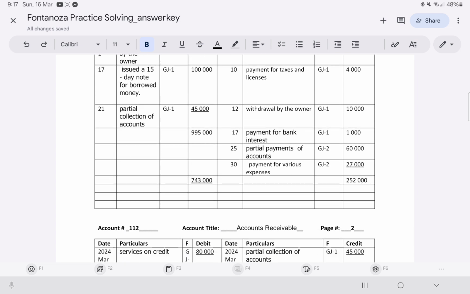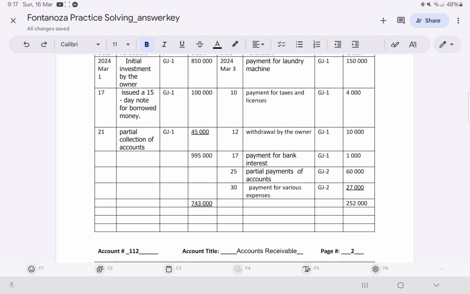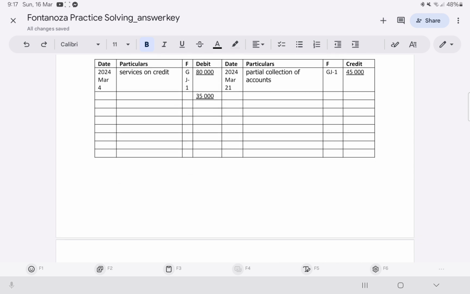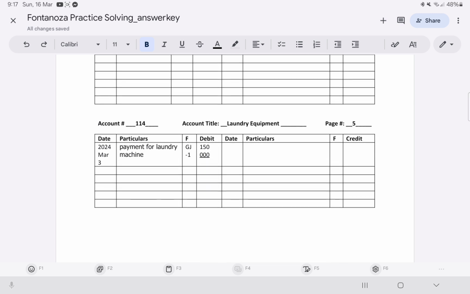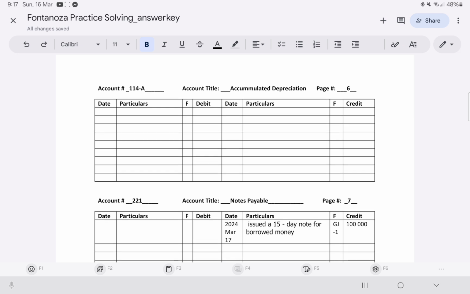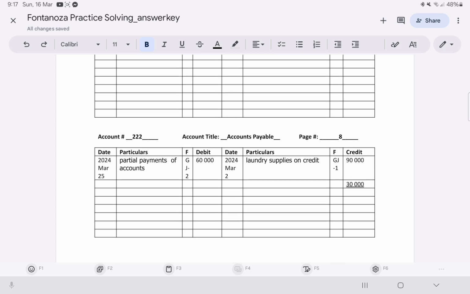And then this general ledger, we'll be using it in getting the trial balance, statement of comprehensive income, statement of changes in equity and financial position. You should be aware that in the next presentation, or in solving the next requirement, I will be referring to this transaction, or to this data under the general ledger.